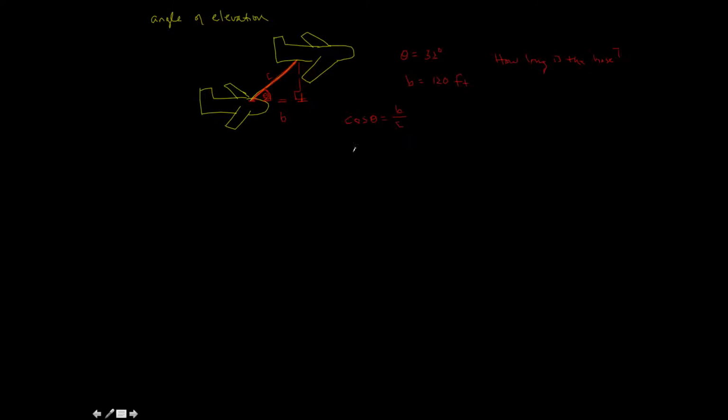So this is really the cosine of 32 degrees equals 120 over C, because we're trying to find how long that hose is. If you cross multiply and divide, you're going to get 120 divided by the cosine of 32 degrees.